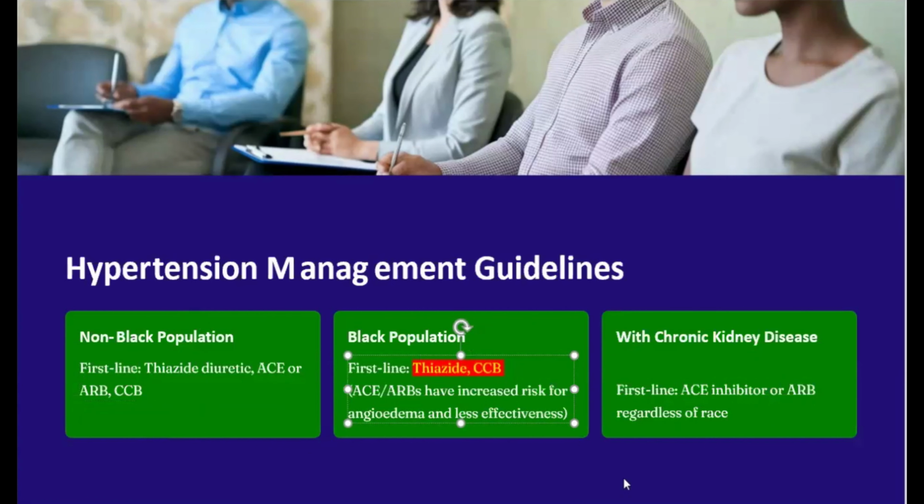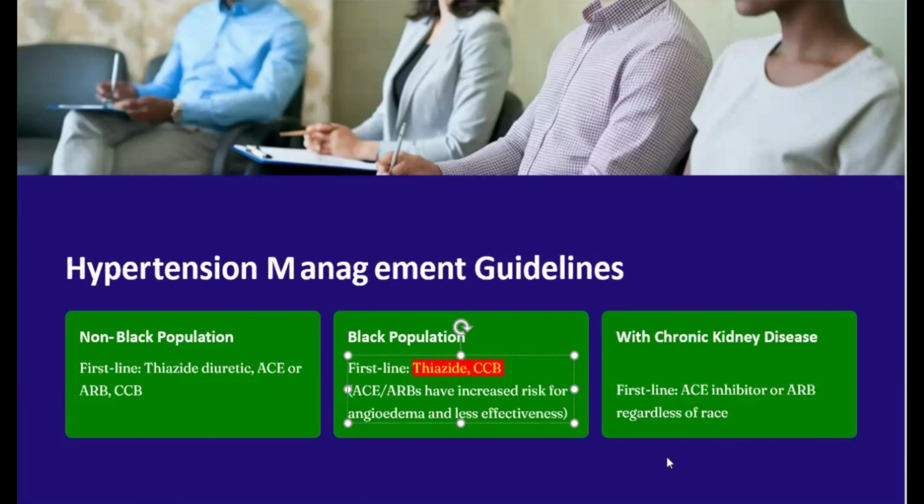Okay. But for people that have any chronic kidney disease, if you remember the guideline, it doesn't matter the age, it doesn't matter the race, as long as the person has hypertension with chronic kidney disease, with or without diabetes, their guideline is usually less than 140/90.